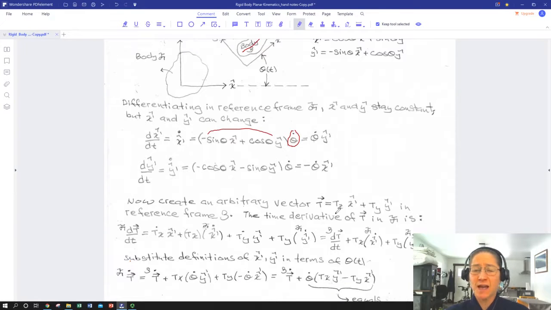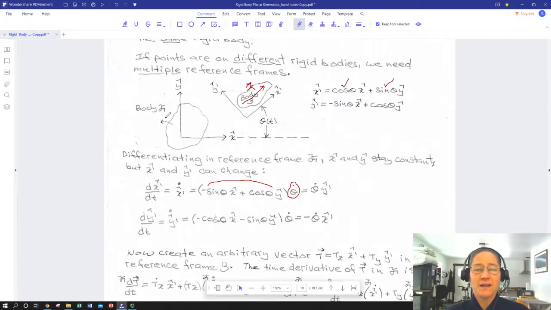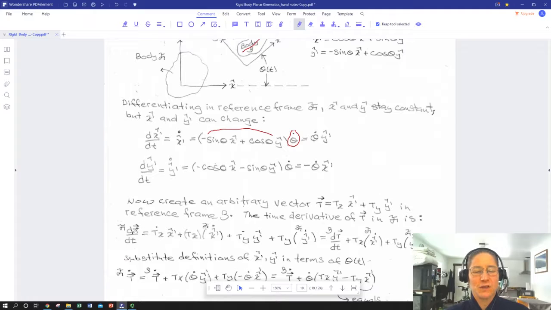Okay, let's take the first time derivative with respect to time, in body F's reference frame, of this vector that's only in the reference frame of body B. So we're going to take the first time derivative of vector t referenced to the body F reference frame. Okay? Typical derivative of a product. So we're going to do the first derivative of the length of t in the x prime direction.